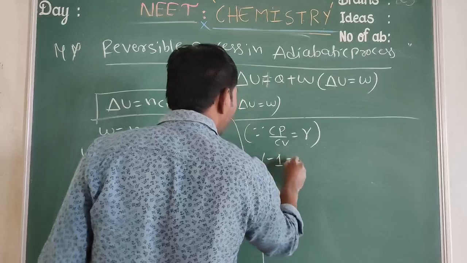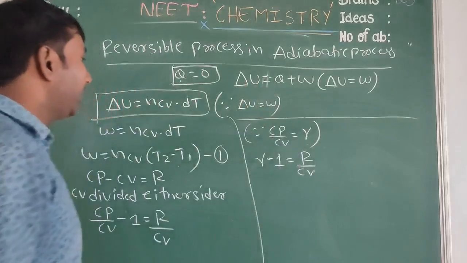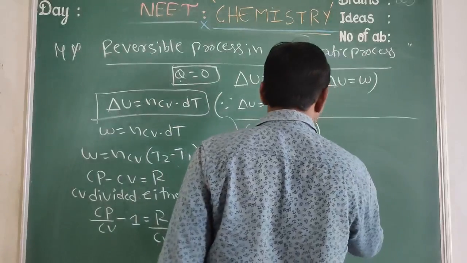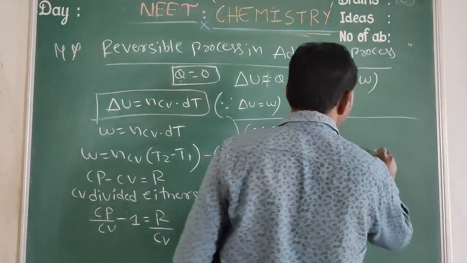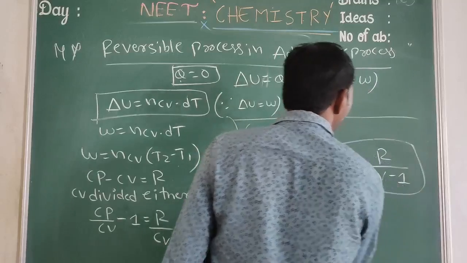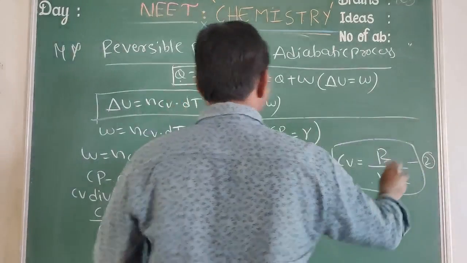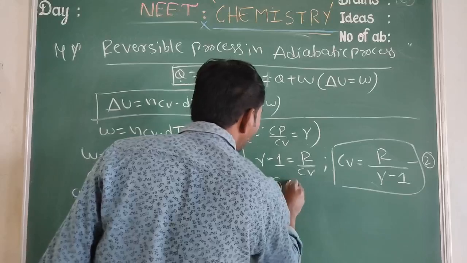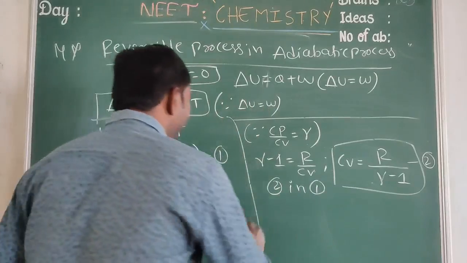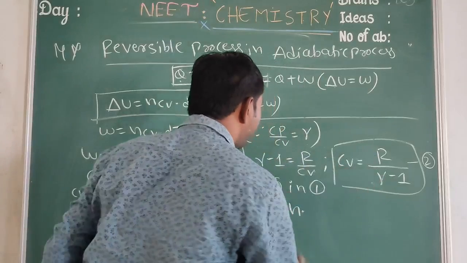Gamma minus 1 equal to R by Cv. Then Cv equal to R by gamma minus 1.